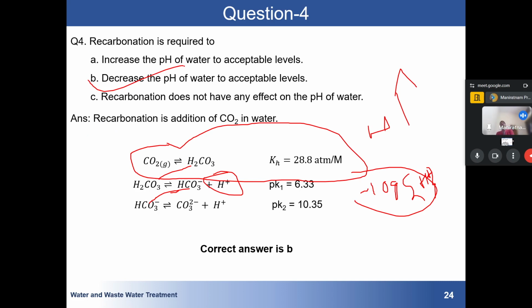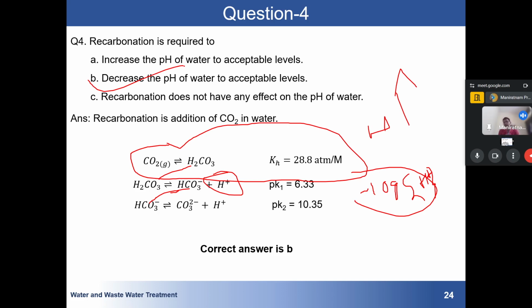Generally in wastewater treatment, suppose you have treated water by the addition of some chemicals, say you have added lime. Obviously this will increase the pH to around 10 to 12, and you cannot supply water with this pH, because the acceptable limit of pH is around 6.5 to 8.5.